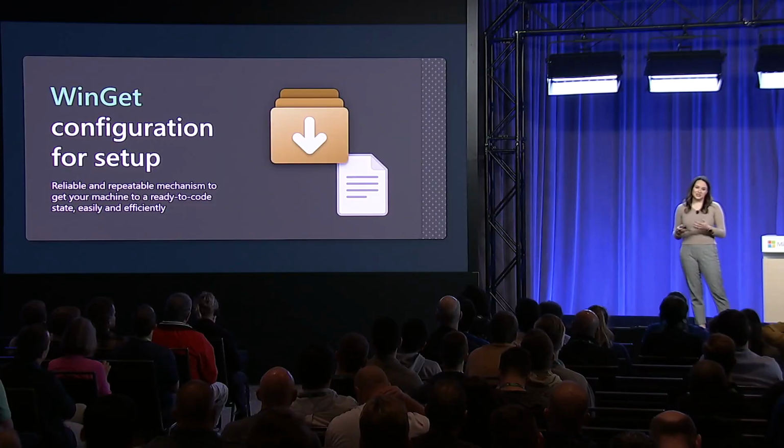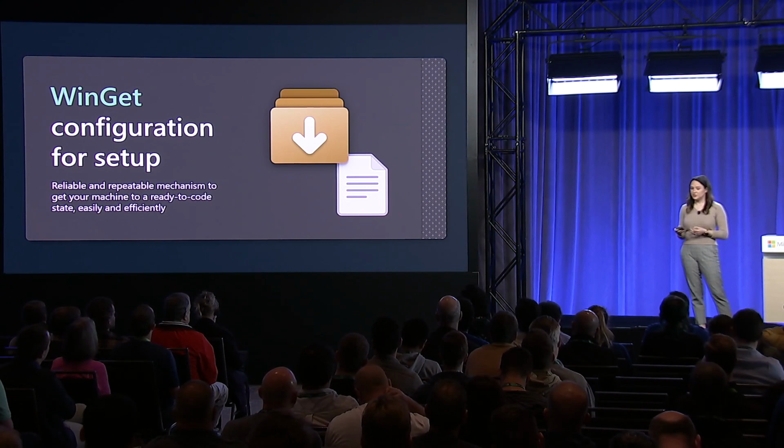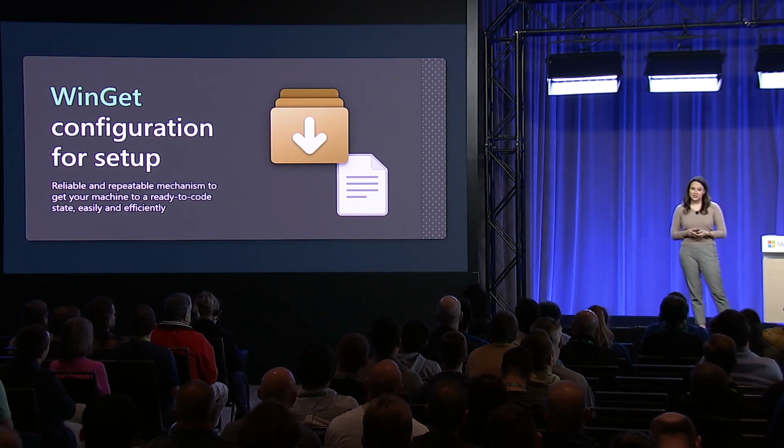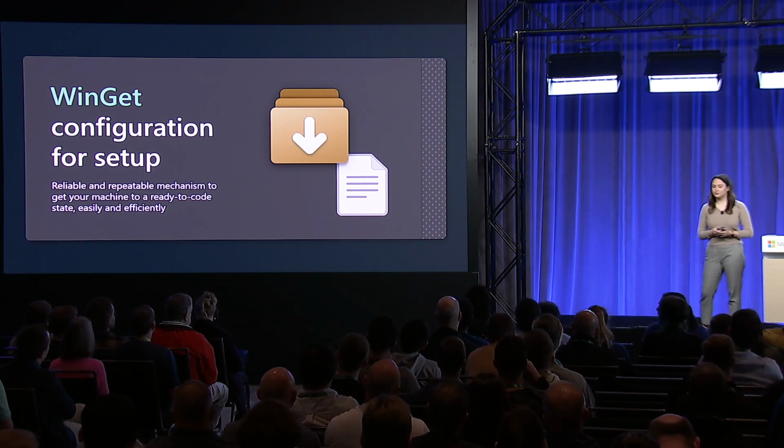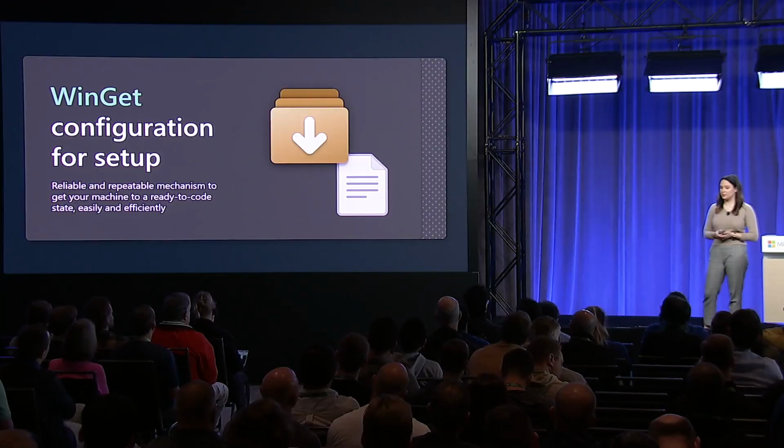Winget configuration takes the installation and management of software packages to the next level by using a configuration file to automatically handle the setup and configuration of any of your requirements for a proper development machine on your Windows device. This includes the installation of any required software applications, code languages, frameworks, tools, or settings necessary for a project.